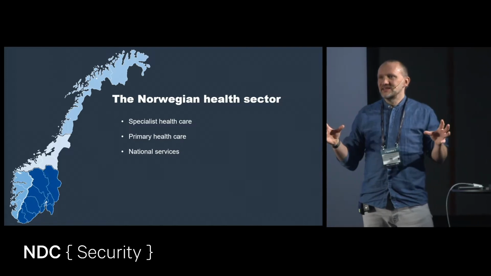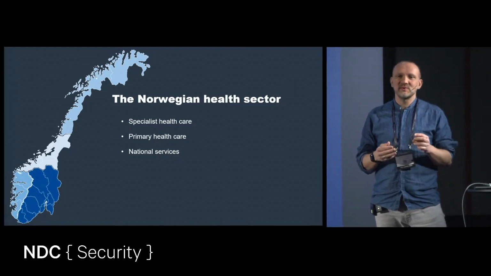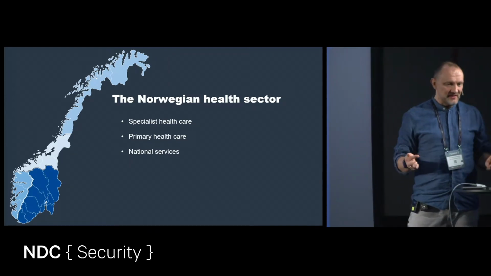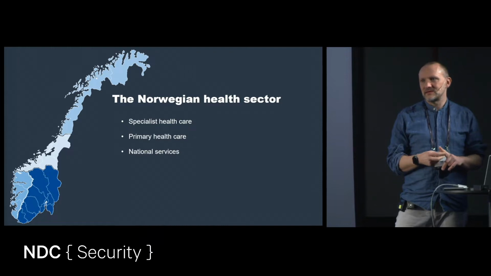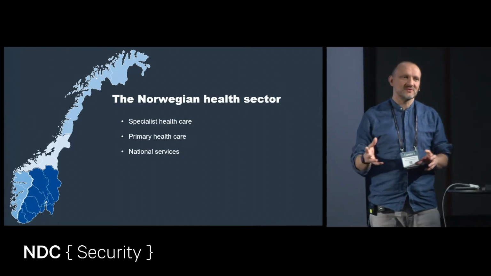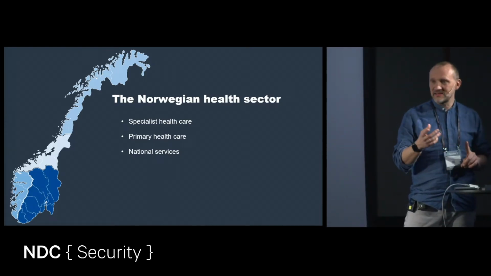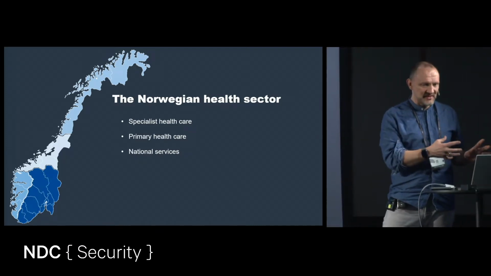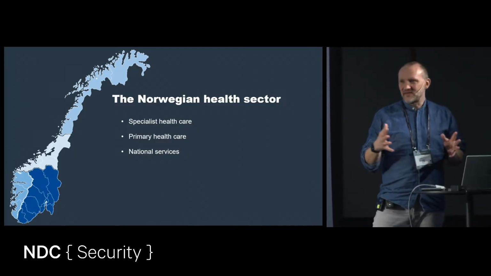And on top of all of this, since we are so fragmented, we also have a large number of software suppliers of all kinds. We have journaling systems from the brand new web-based modern applications down to the most old-fashioned, and that's where the geriatric word comes in, old-fashioned types of applications on the desktop, and everything between.